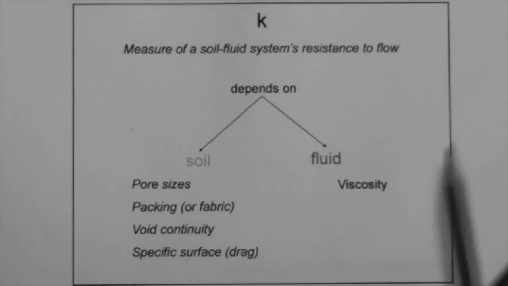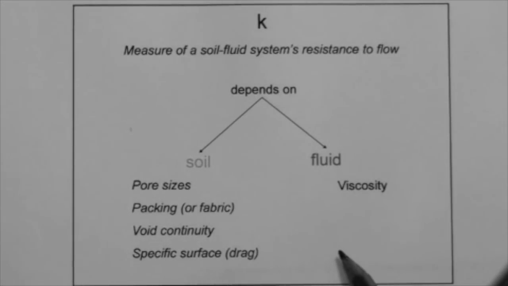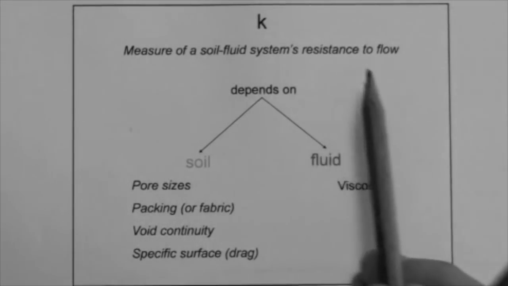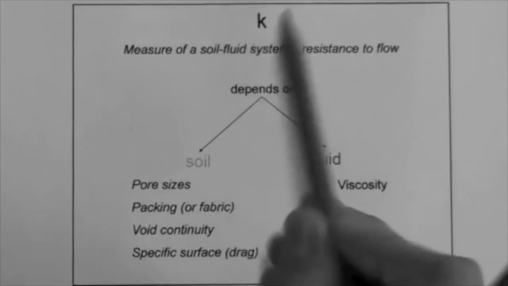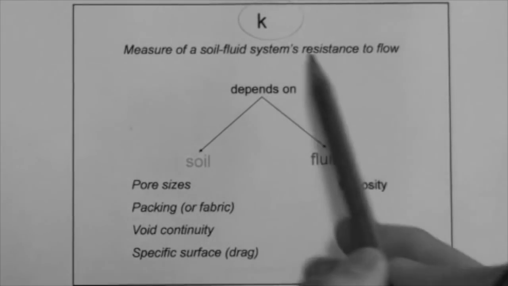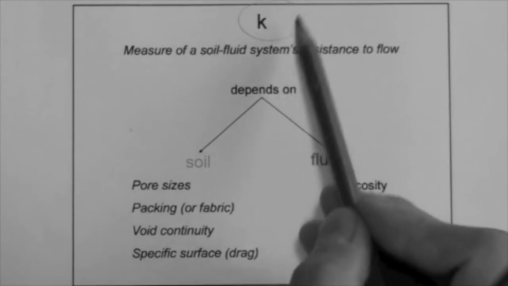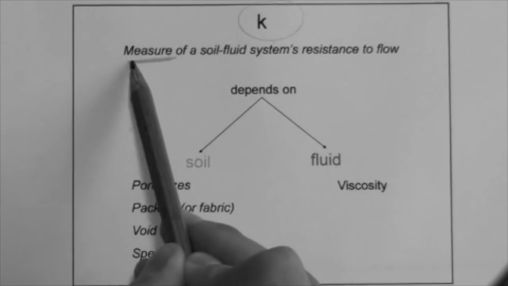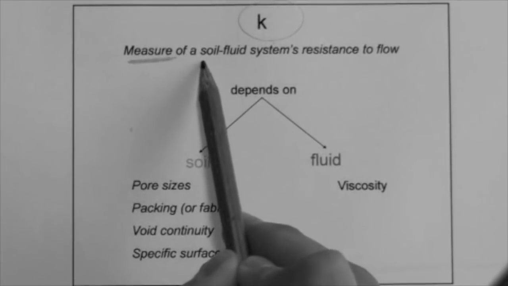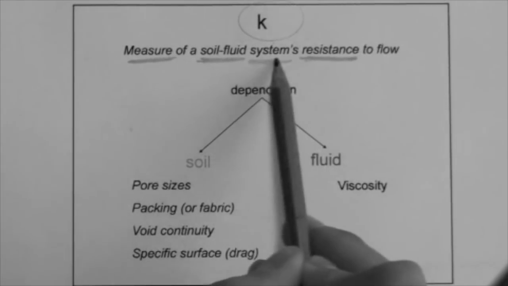We talked about this before, but let's talk about it in a formal way. So before we go on, let's have some kind of definition or description of what K is, the hydraulic conductivity. It is a measure of the resistance to flow of a soil fluid system.